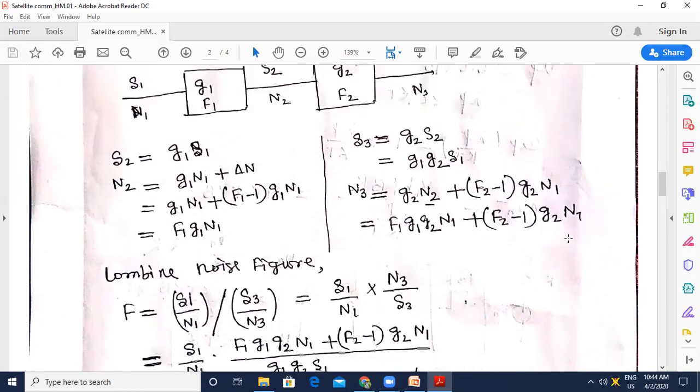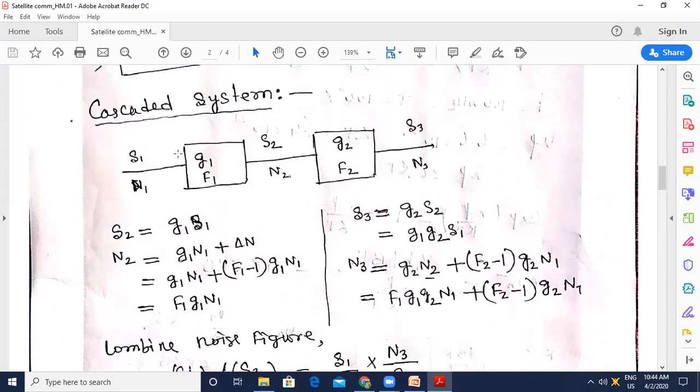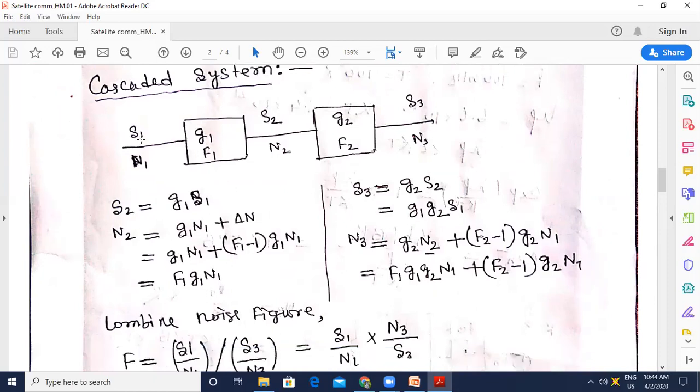So if we get the ultimate noise figure of this combined device, where S1 is the input signal, S3 is the output signal, N1 is the input noise, and N3 is the output noise.